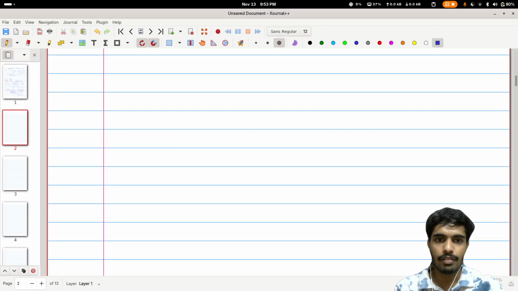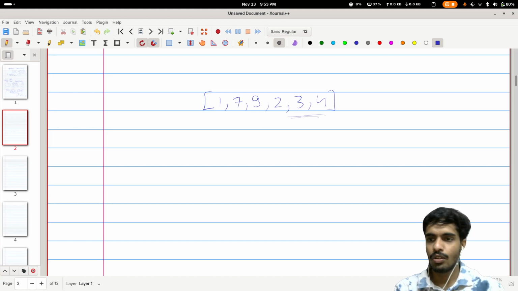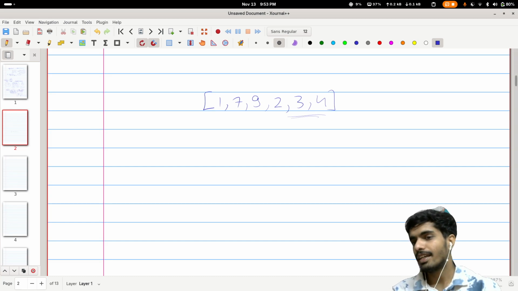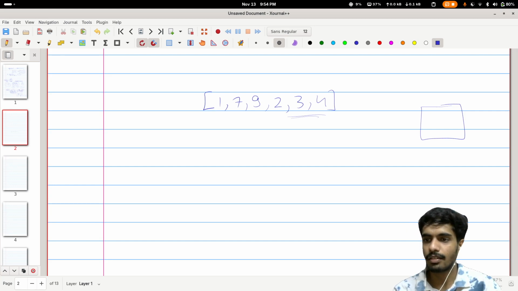So let's say I have a very small data set, a kind of random data set. This is kind of randomized. Whenever you want something insightful to know much more about the data set, you usually take the values in the middle of the data set, because most data sets follow a bell curve.